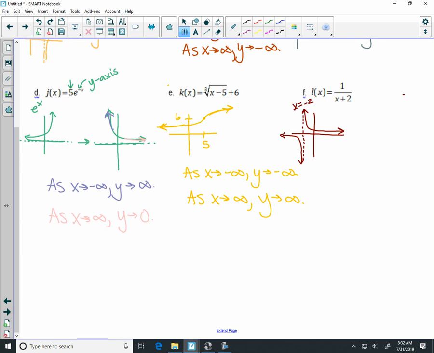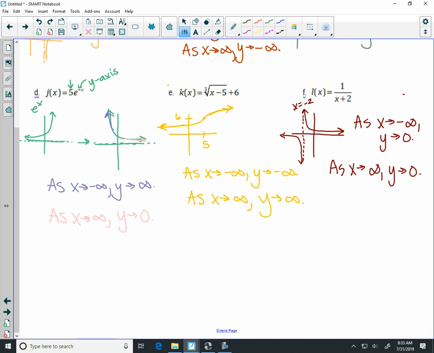And in both directions, since we didn't move this up or down, we're flattening out to 0. So as x approaches negative infinity, y approaches 0. And as x approaches positive infinity, y approaches 0. Because of that asymptote, it's never going to get there, but that's where it's going.